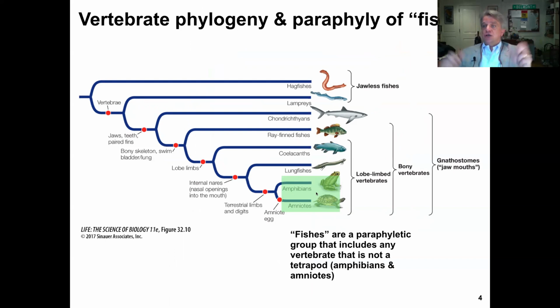So fish, unlike mammal, is a paraphyletic group because basically fishes includes all vertebrates except those that are tetrapods. Therefore, there are some things that we think of as fishes, such as coelacanths and lungfishes, that are more closely related to us as tetrapods than they are to other fishes.